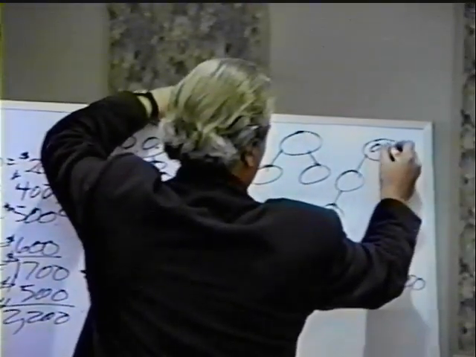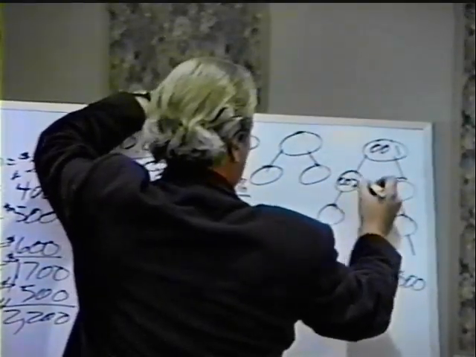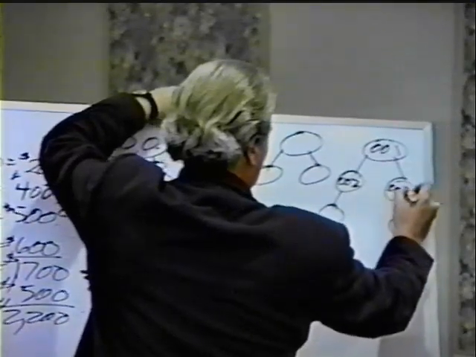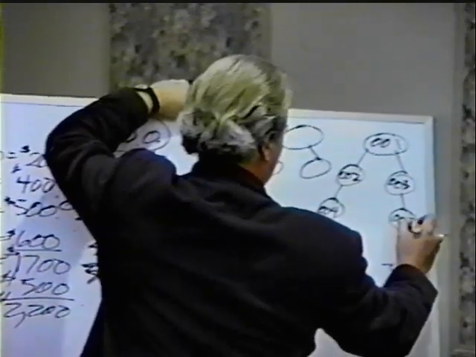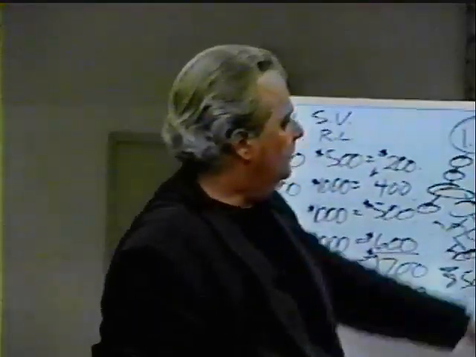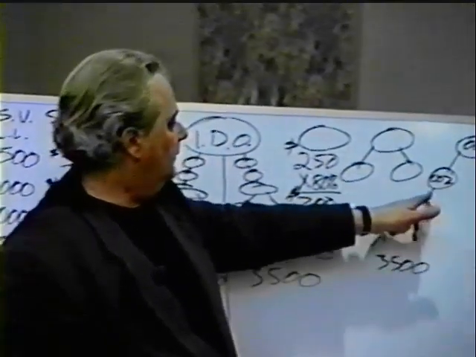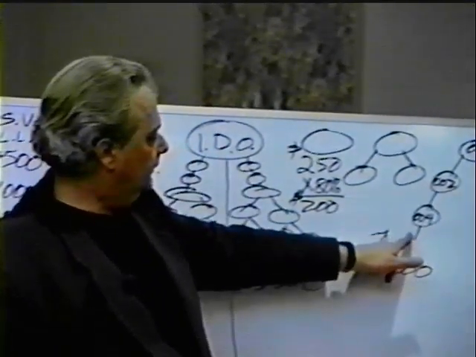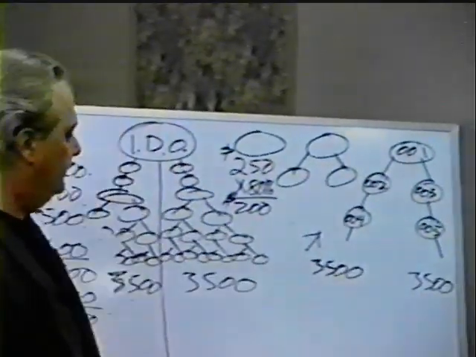Now to understand how this works, the computer calls this 001, 002, 003, 004, and 005. This is the left leg of 1 and the right leg of 1. This is the left leg of 2 and the left leg of 4. This is the right leg of 3 and the right leg of 5.